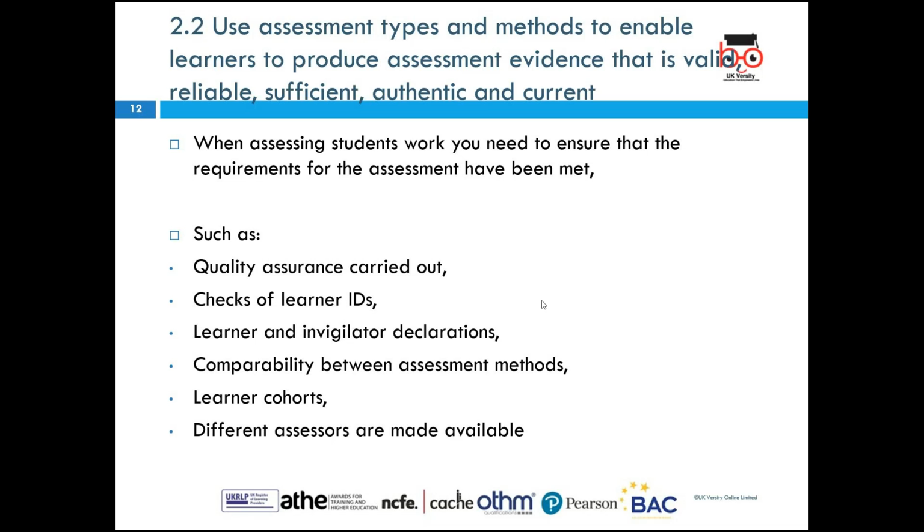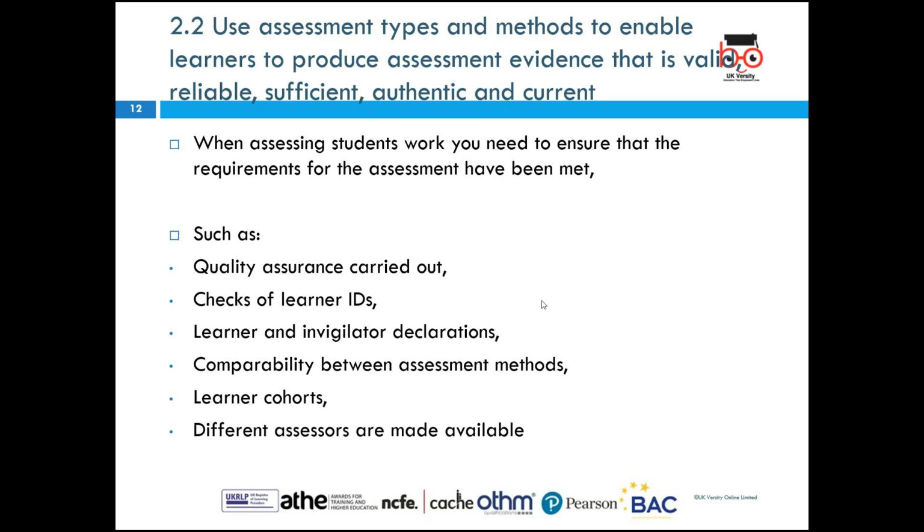When you're assessing students' work, you need to make sure that all the assessment requirements have been met. So you're looking at quality assurance, make sure that's been done. How to do that? You're going to make sure that your students' learner IDs are checked. You might have an exam environment where students are walking in, and you might not know every single person who's in, say, year 11 doing their GCSEs.